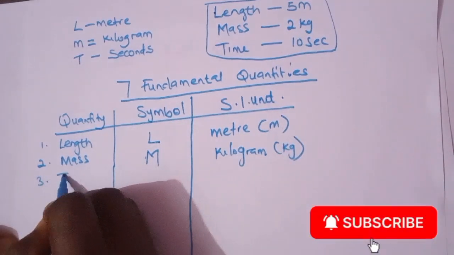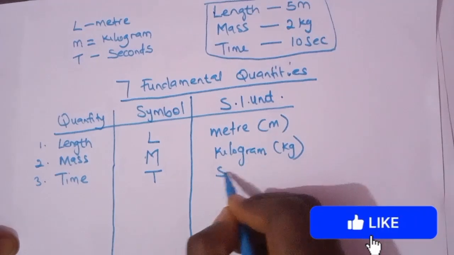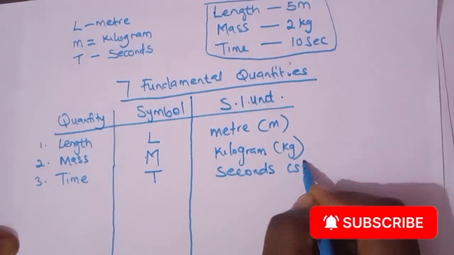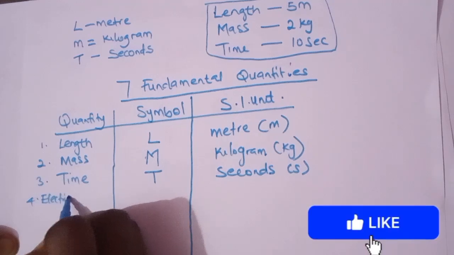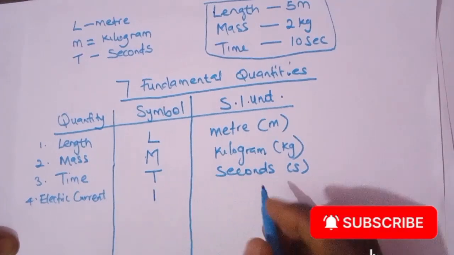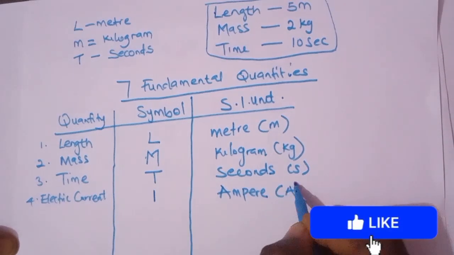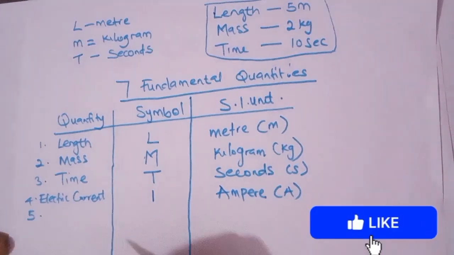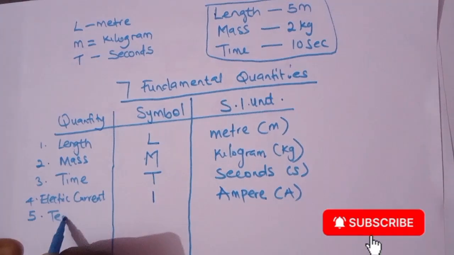The third one, we have time. The symbol is capital T, and it is measured in seconds. We have the fourth one, electric current. The symbol, and it is measured in ampere. The fifth one, we have temperature.